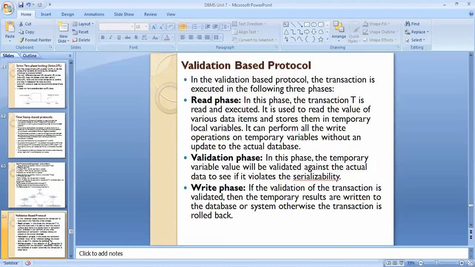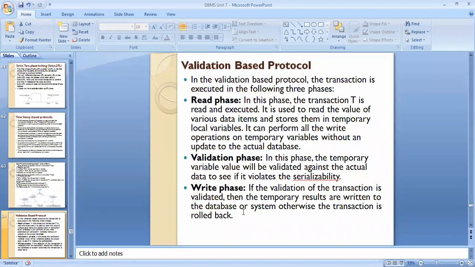It can perform all the write operations on temporary variables without updating the actual database. The second is the validation phase. In this phase, the temporary variables' values are validated against the actual data, checking whether it violates serializability.